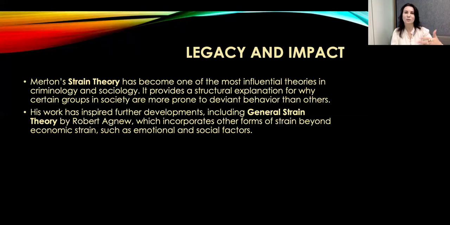Structural functionalists started to get into the areas of criminology and sociology, defining the role of certain things happening in society, such as crime and deviance. It provides a structural explanation of why certain groups in society are more likely to commit crimes or breach norms and laws and become deviants or prone to deviant behavior than other layers of society.